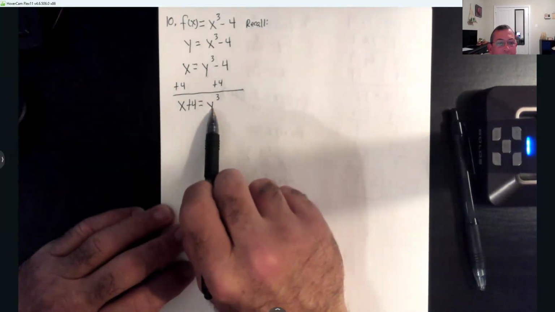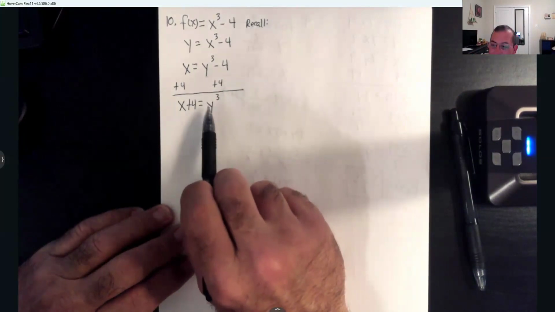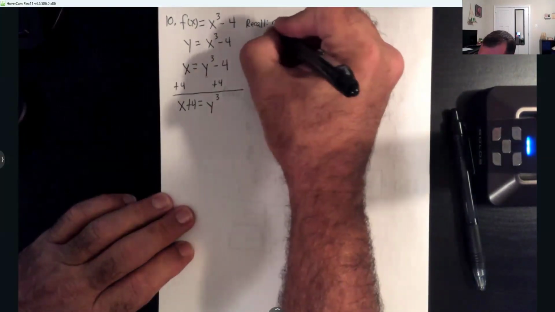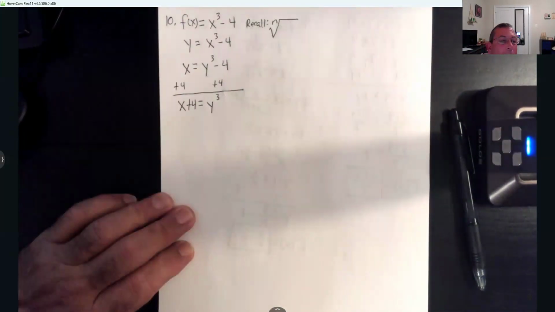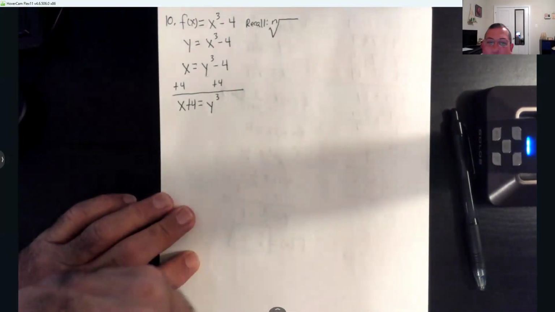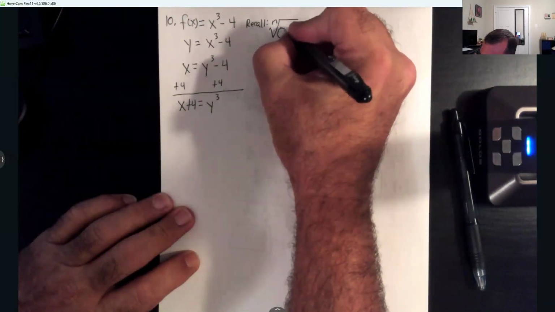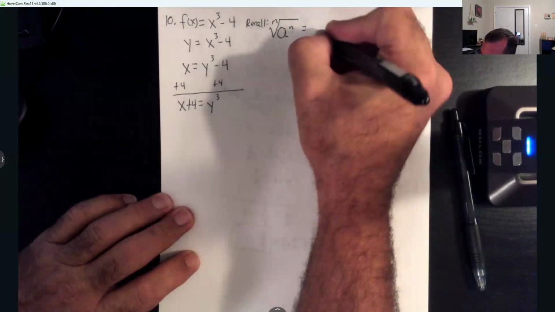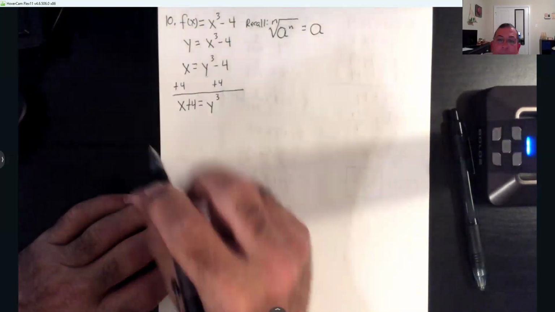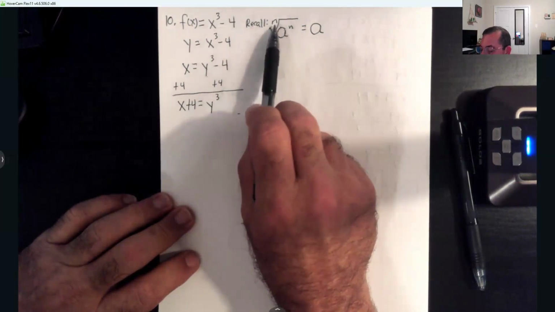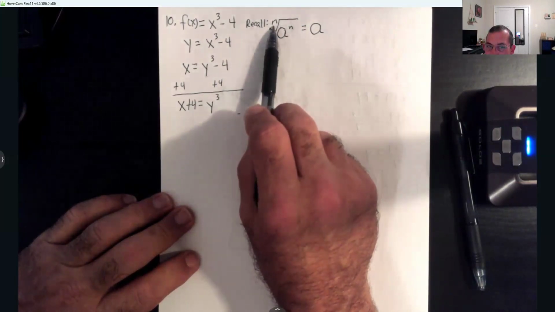The way to turn these exponents into just that variable is by taking square roots, cube roots, or whatever roots. So the nth root of a to the n equals a. So whatever the exponent is, that's the root you got to take.